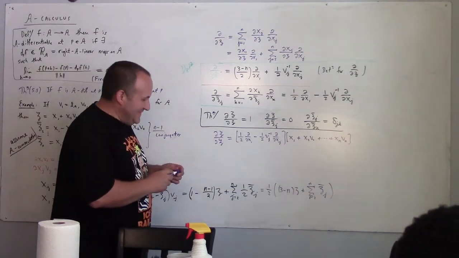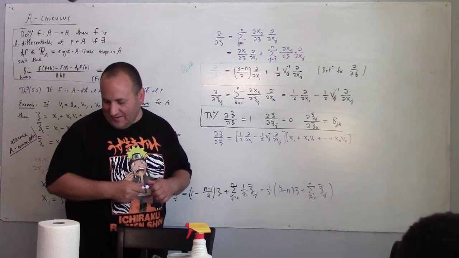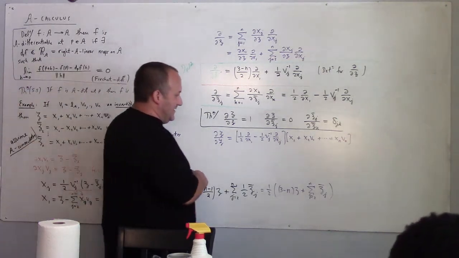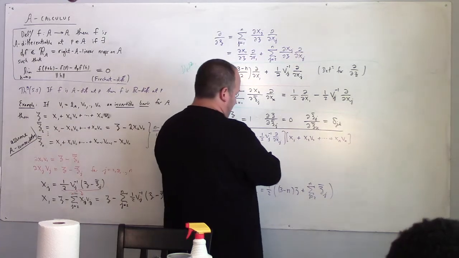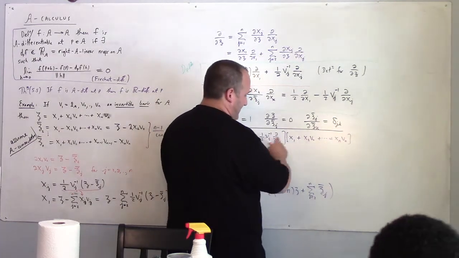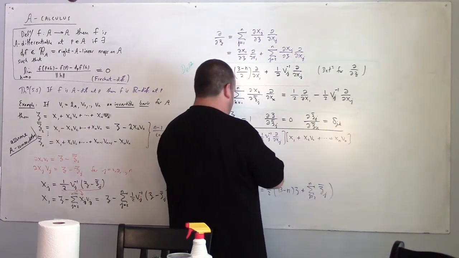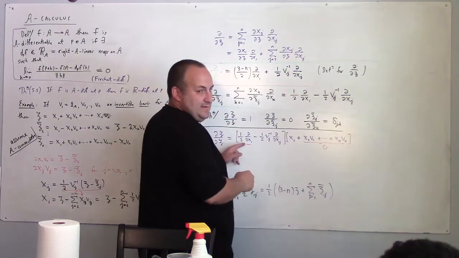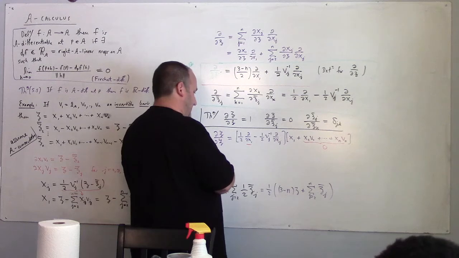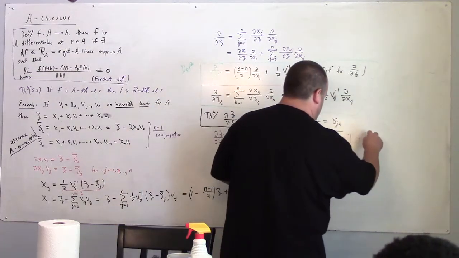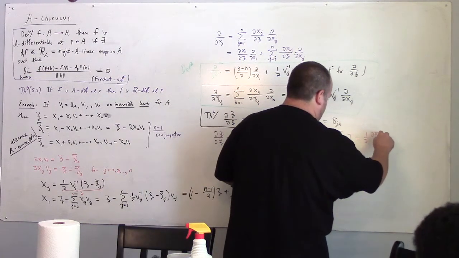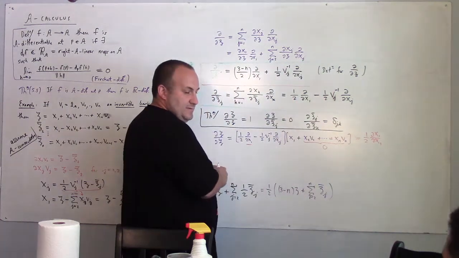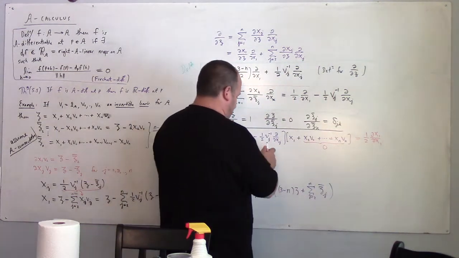So what happens here? Most things are 0, right? Partial x1 hits everything here. This one is 0 on all of this, right? So we got 1/2 partial x1, which of course is 1, but I'm just writing it down. That term is 1. Now what happens with this term?